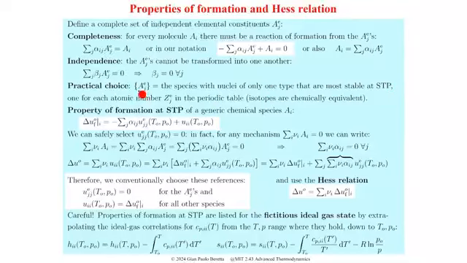And it turns out that you have to select one species for each atomic number in the periodic table. I'm sure you remember the periodic table, and Z is the number of protons in the nucleus of the atom.